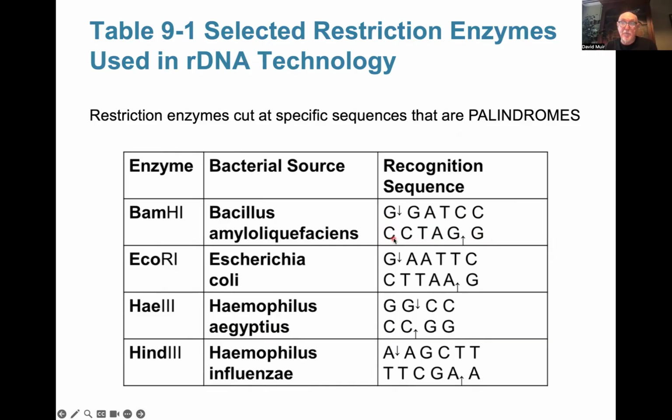And look how it's pair bonding. It's going GC, GC, AT, TA, CG, CG. So it's a palindrome. It's GGATCC, GGATCC. And the restriction enzyme cuts between these two Gs. It cuts there and it cuts there.